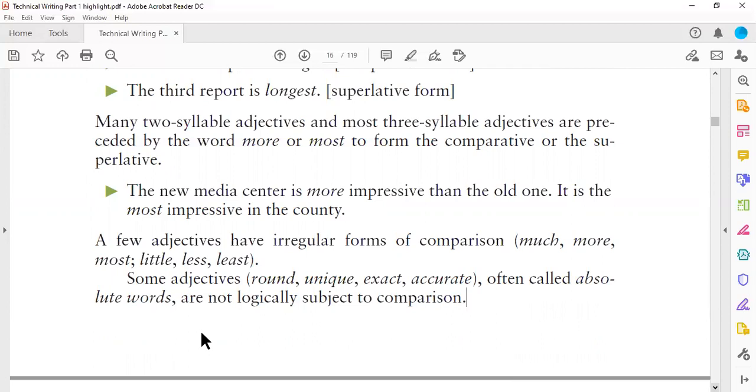Why? Because unique is an absolute adjective. You cannot say that this is unique and this is more unique or most unique. And the same thing with the words exact and accurate. So round, unique, exact, and accurate are absolute words which logically cannot be subject to comparison.